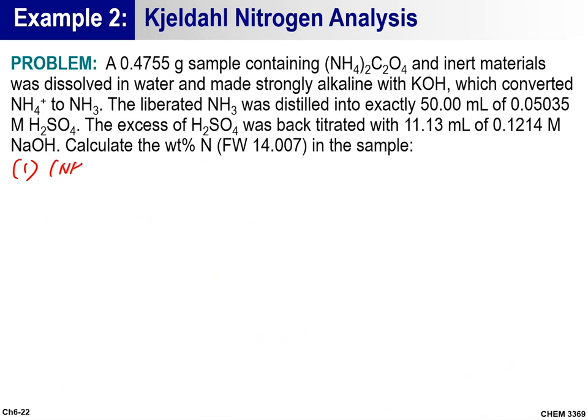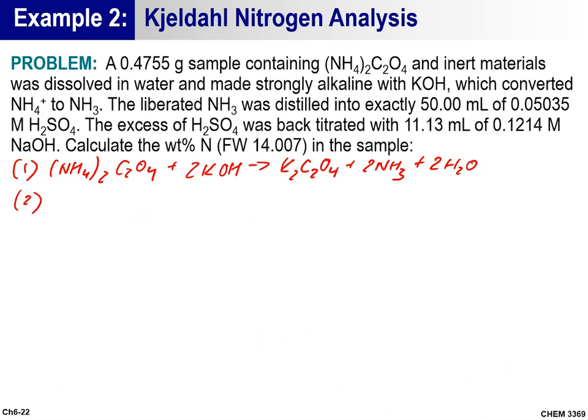The first one is the ammonium oxalate reacts with potassium hydroxide, and the products are K2C2O4 plus ammonia plus H2O. So in this first reaction, the ammonium in the ammonium oxalate is converted to ammonia.